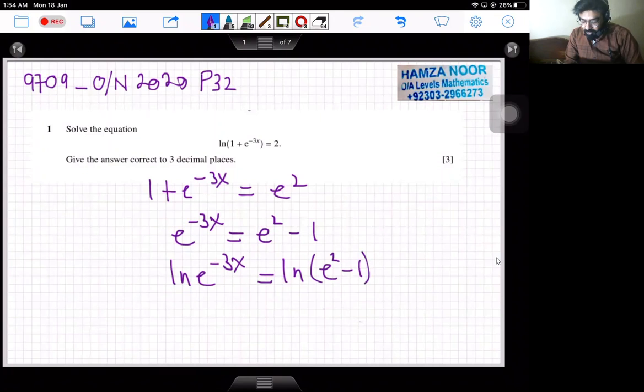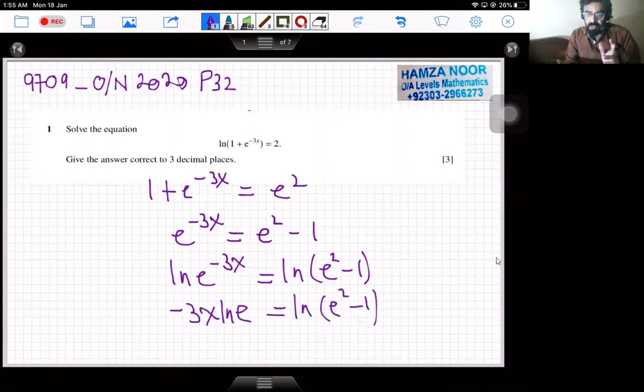According to the laws we have studied in logarithms, the power law is that ln x raised to the power n is exactly equal to n times ln x. So this ln e raised to the power minus 3x can be rewritten like this: minus 3x times ln e is equal to ln(e squared minus 1).